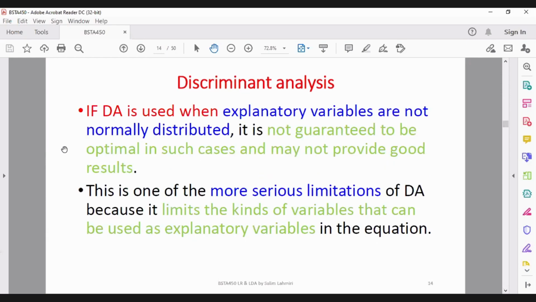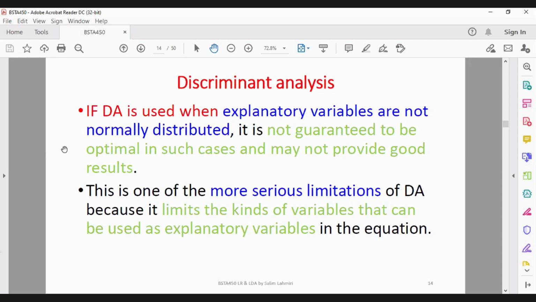So if discriminant analysis is used when x's are not normally distributed, it is not guaranteed to be optimal in such cases and may not provide good results, meaning that the predictions of classes of y are poor, are wrong predictions, because of inefficient estimated coefficients.